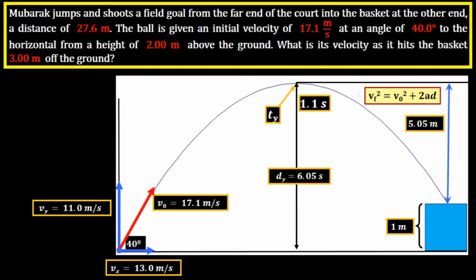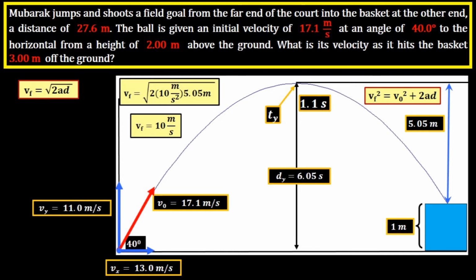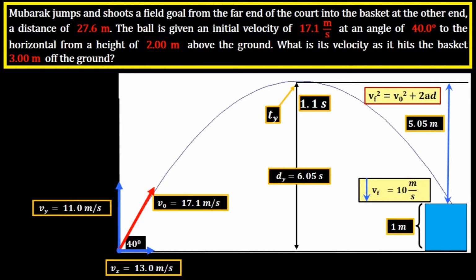Now I'm going to apply, because it's the velocity as it hits the basket 3 meters off the ground, Vf squared equals V naught squared plus 2ad, and that simplifies, and the final velocity is going to be 10 meters per second, in the downward direction.